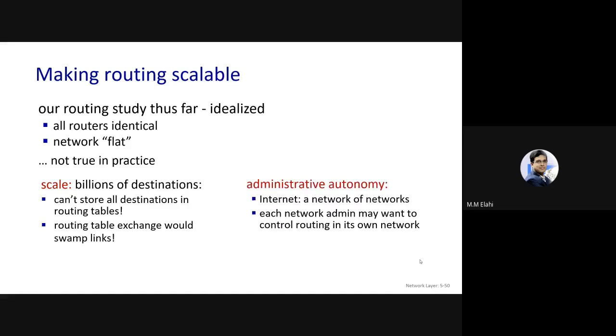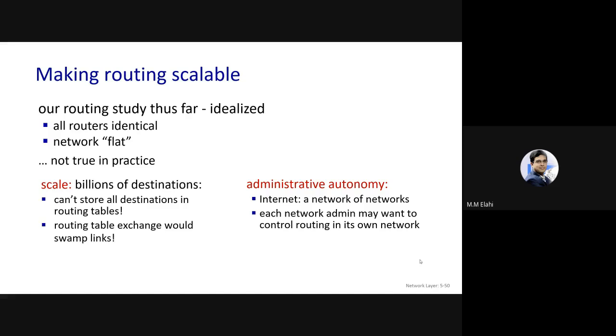First thing, that hierarchy is created for administrative autonomy. What is administrative autonomy? Actually, the internet is a collection of ISPs. An ISP is a collection of networks. And each network actually controls its own set of routers. So if there are different ISPs, different organizations, they have different sets of routers, and in that case they can use different routing algorithms.